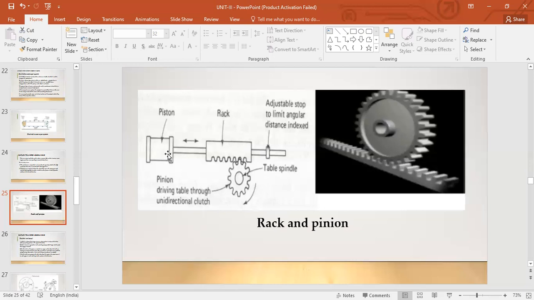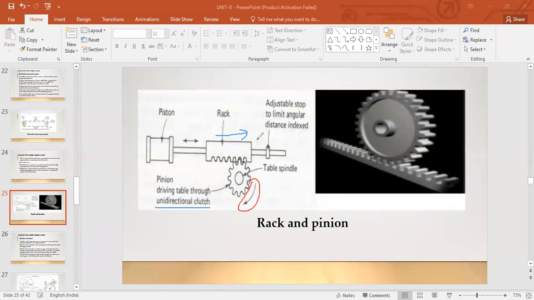For example, if the rack moves like this, then the table will move as shown in this diagram. This arrow, the pinion will move, and the rack has to come back to be able to again move it. So this is why we are having this unidirectional clutch, which will only allow rotation in one direction, namely this way, not this way.